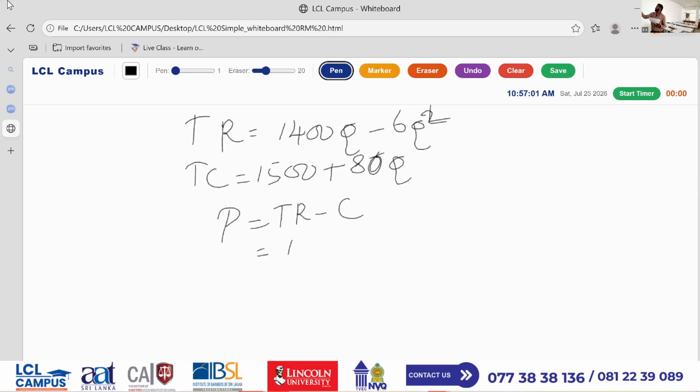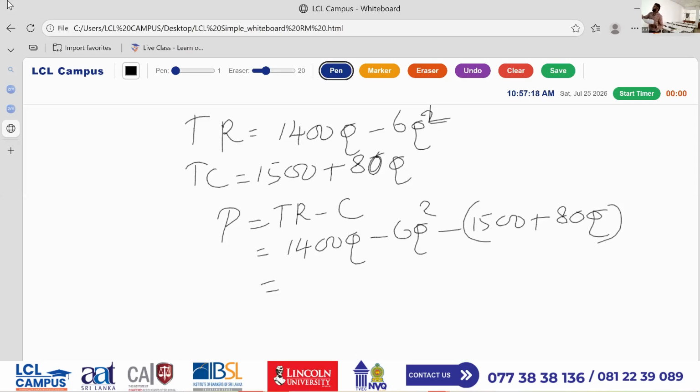Then 1400Q minus 6Q squared minus cost, 1500 plus 80Q. So 1400Q minus 6Q squared minus 1500 minus 80Q.